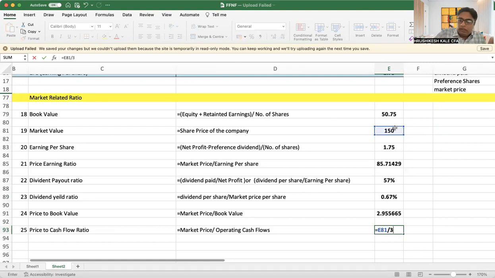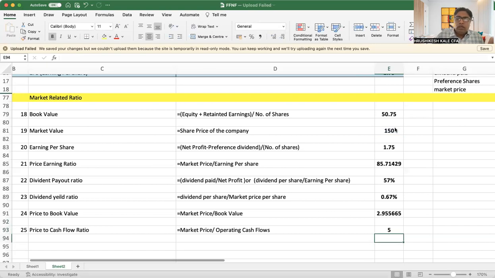So let's say 30 rupees is the cash from operations. So price to cash flow ratio is 5. What does that mean? I am paying 5 times the cash which I have received from operations as a market price. So these are always in times. This is also always in times.